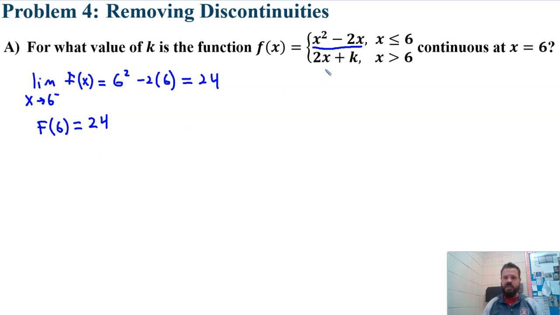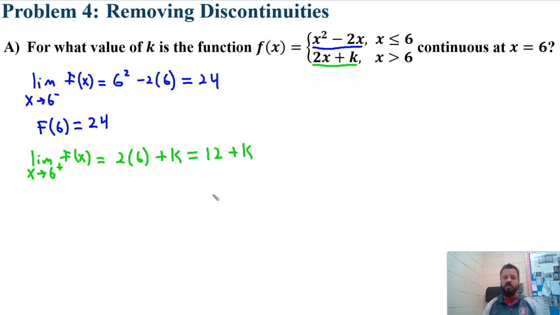And then what we need to do here is make this limit as x goes towards 6 from the right match up. So the limit as x goes towards 6 from the right, when x is greater than 6, of f of x is going to be equal to 2 times 6 plus the k. In other words, 12 plus k.